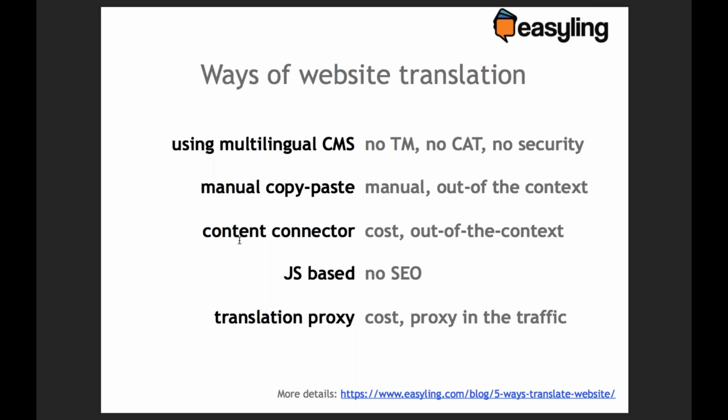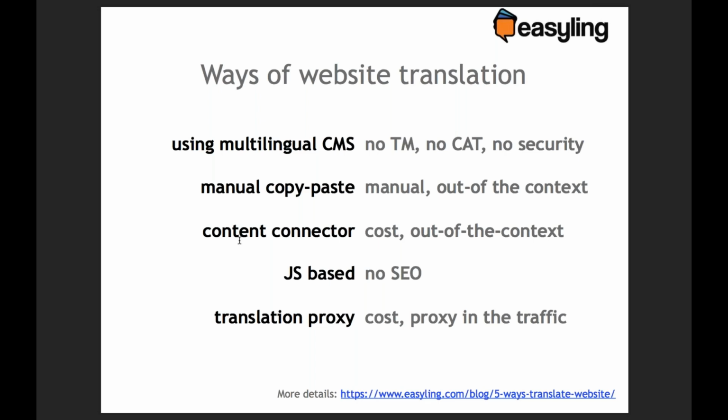Another option, option 2, manual copy paste. If the website is not too big, for example, it's not an e-commerce website, but let's say a hotel website or a small lawyer's website, winery, restaurant, whatever website, sometimes the LSP starts to manually copy paste the content, do the translation, and send back the Word files or HTML files.